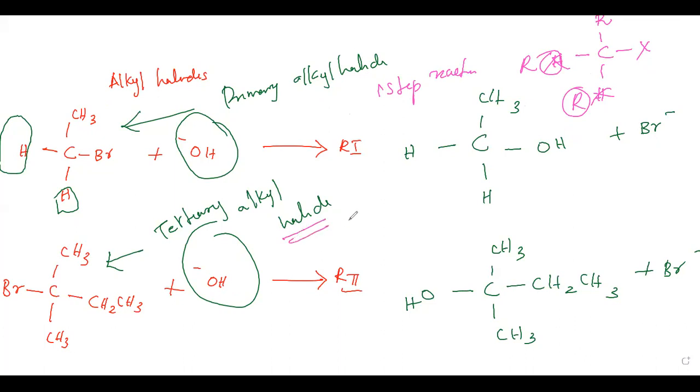When you go for the tertiary alkyl halide, you will end up with a 2-step reaction. This is the major difference between the two reactions. So I will write the mechanism, and they ask what is the major difference in the mechanism of reaction 1 and 2.